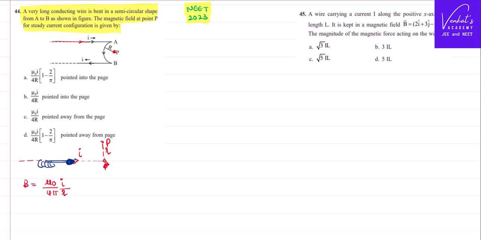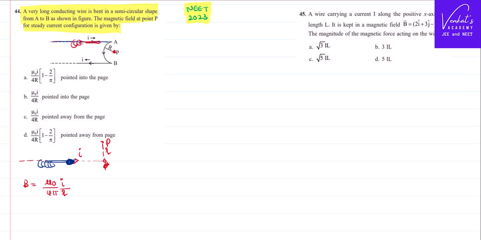The direction of the curled fingers gives the direction of the magnetic field. So look here in this case, your thumb will be like this, and your curled fingers will go from the top to the bottom.